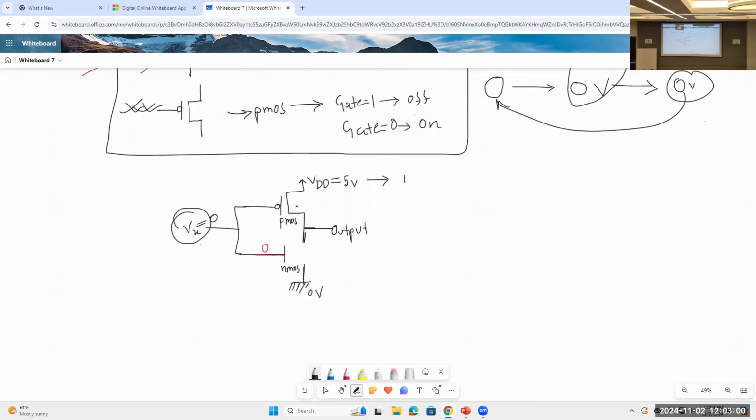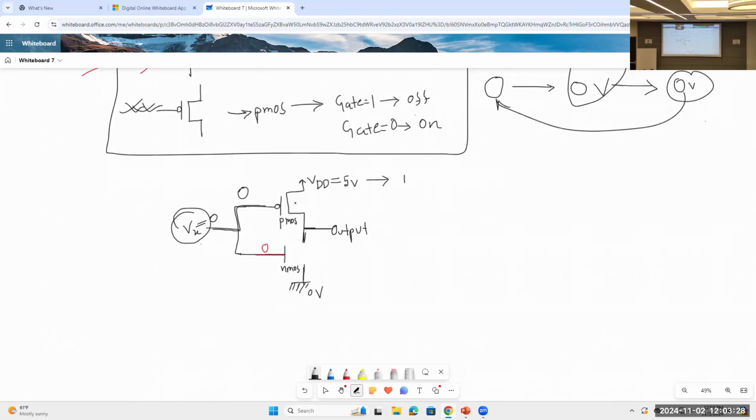Okay, and let's talk about the PMOS here. This same input is also going to the PMOS as well. So the PMOS gate is also getting 0. The circuit is connected like this because the same input will go to both NMOS and PMOS. So if PMOS gets 0 as input, will it be on or off? On.